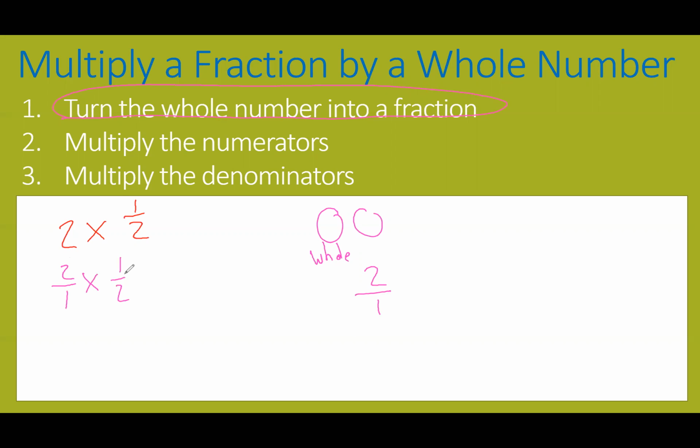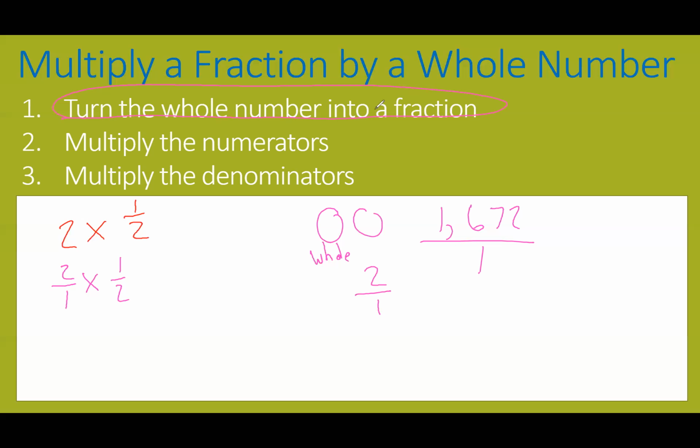That's all you have to do to turn that whole number into a fraction. And it doesn't matter what whole number you have, even if it's 1,672, you just stick a 1 under it, and now you have a fraction. It says 1,672 wholes. That could be pizzas or cookies. It's a whole. It's not cut up into a piece.